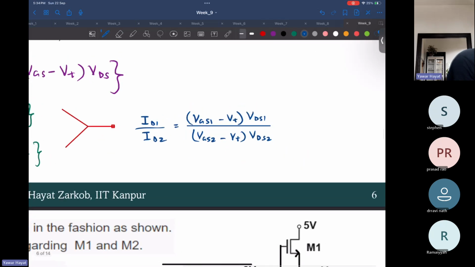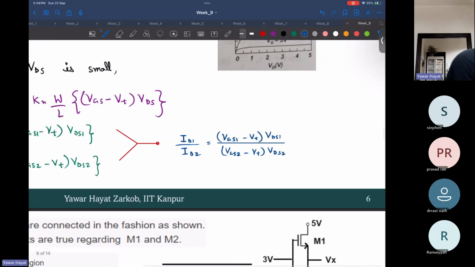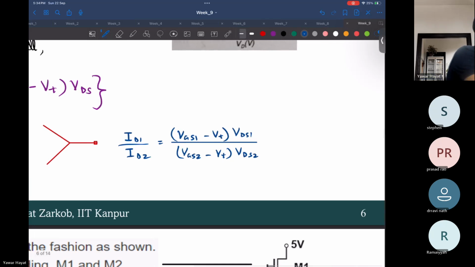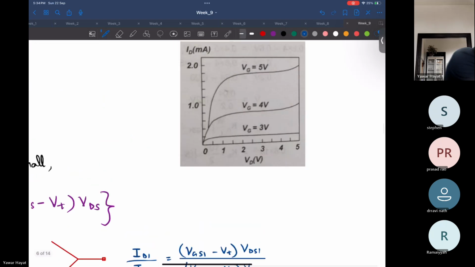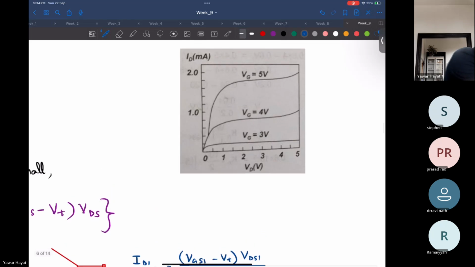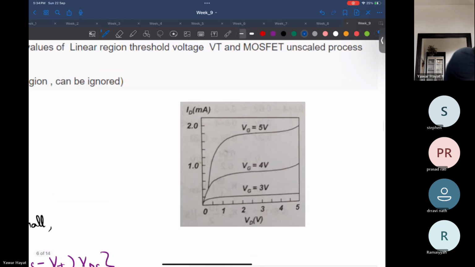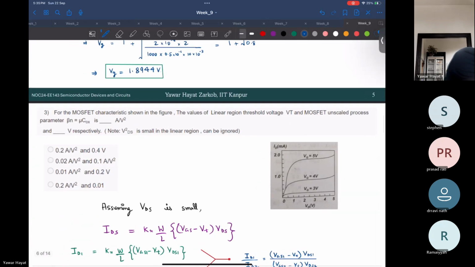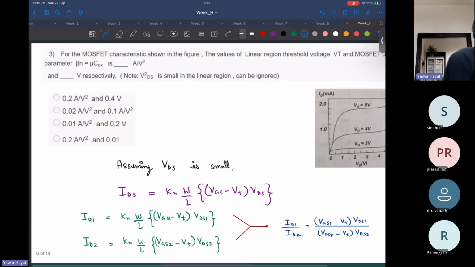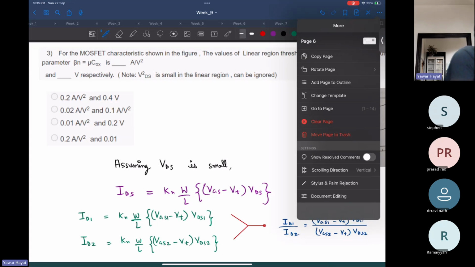So then, once you do that, let's write on a different page. Adding a page.